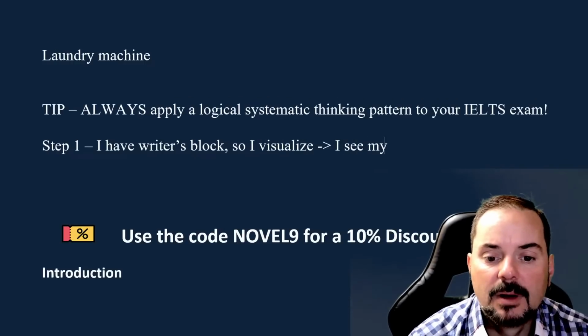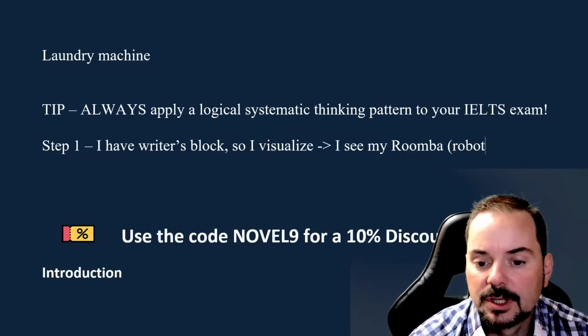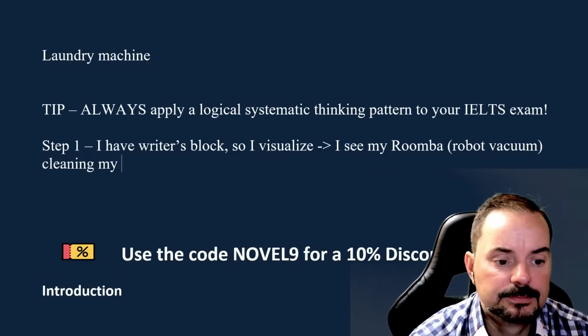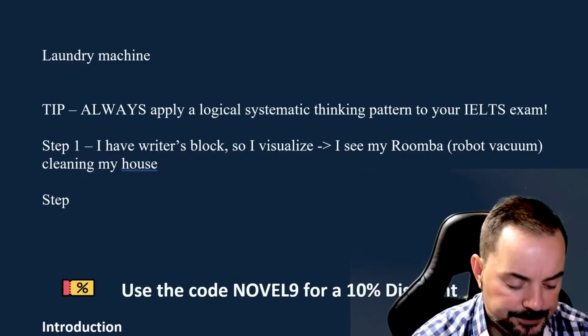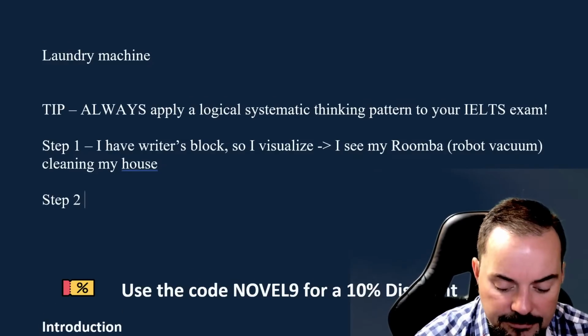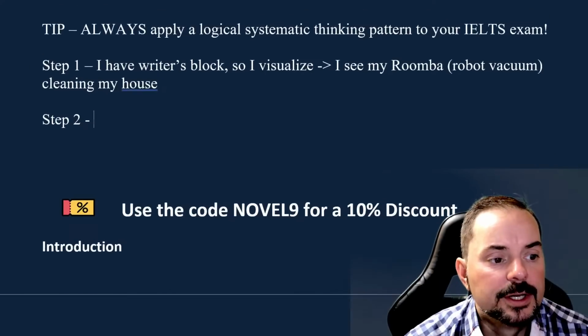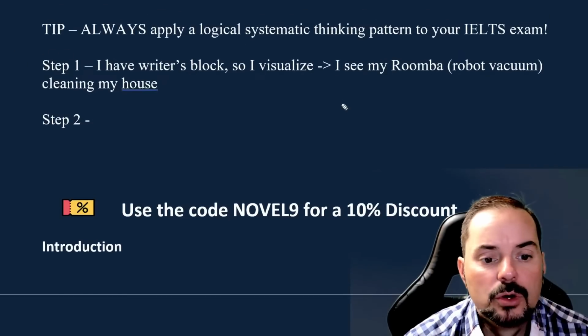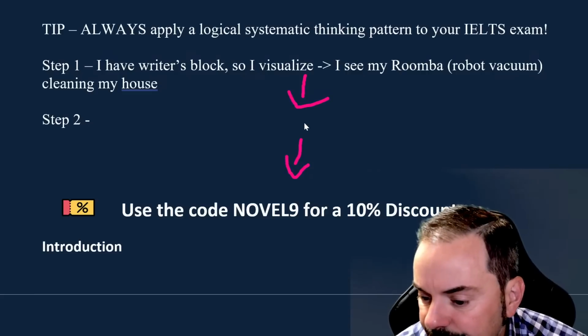I see my Roomba robot vacuum cleaner cleaning my house. Step two. Okay, it's kind of like a flow chart here. So the way you should be doing this is step one, of course, flows into step two, and then step two flows into step three. So what should you do here?